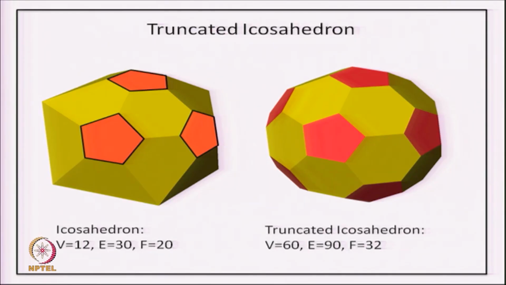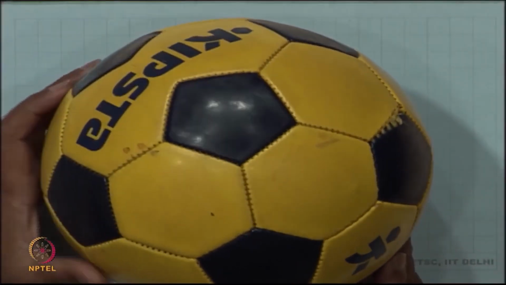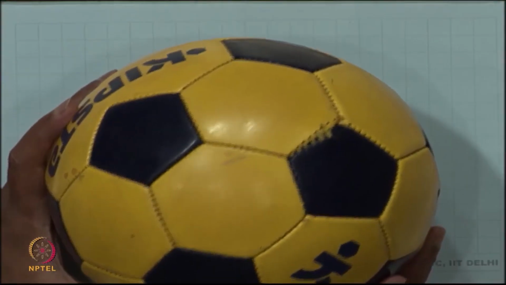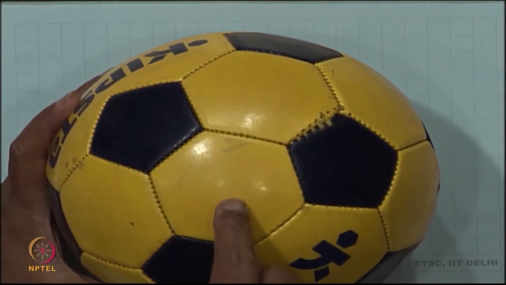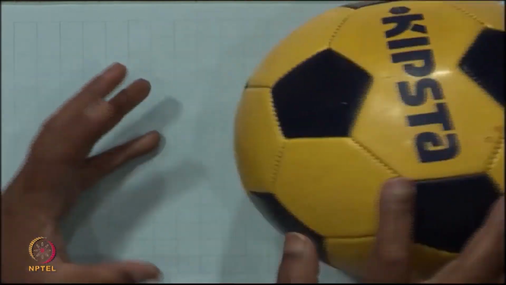If you are still facing difficulty, all you have to do is look at a football. The makers of football have already solved this problem. The football is nothing but a structure made of hexagons, the yellow hexagons in my football here, and the black pentagons.